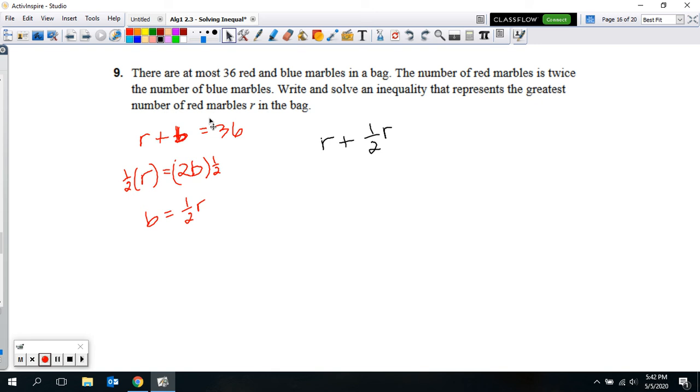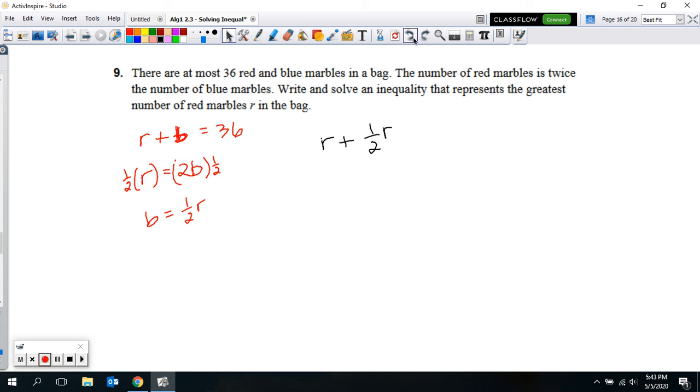Can it be exactly 36? Yeah, at most, the most it could be is 36, so it can be 36. So we're using one of those inequality signs with an equal sign underneath it. So that kind of narrows it down now to 2. We're going to use the closed ones with the equal sign below. So it's going to say less than or equal to because it's at most. The most it could be is 36.